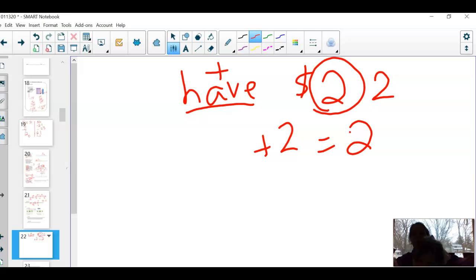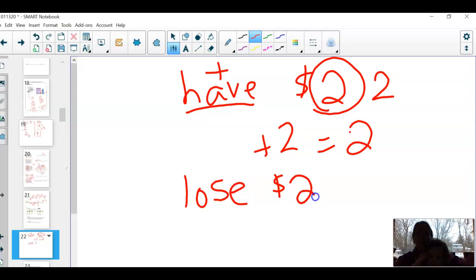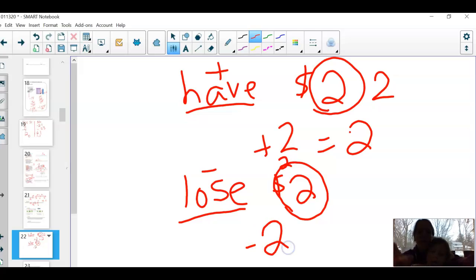Okay? If I lose $2, I would underline 2, and I would circle lose. Lose es negativo, it's negative. To lose, perder, is negativo, is negative. My number is still 2, so that'd be negative 2.